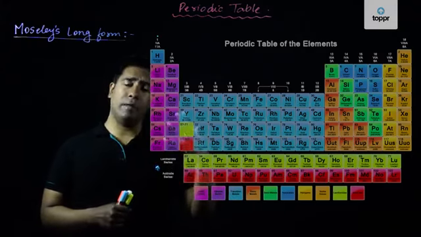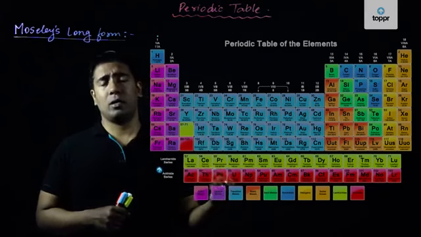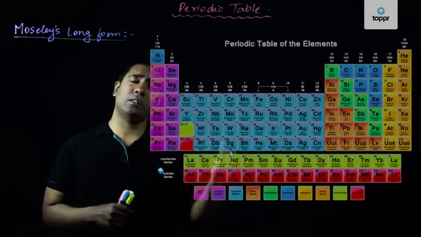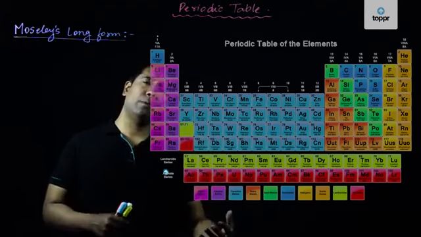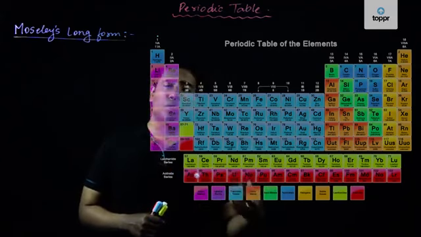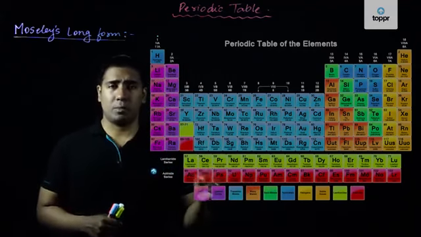D block elements are those in which the last electron enters the D subshell. F block elements similarly are those in which the last electron enters the F subshell.